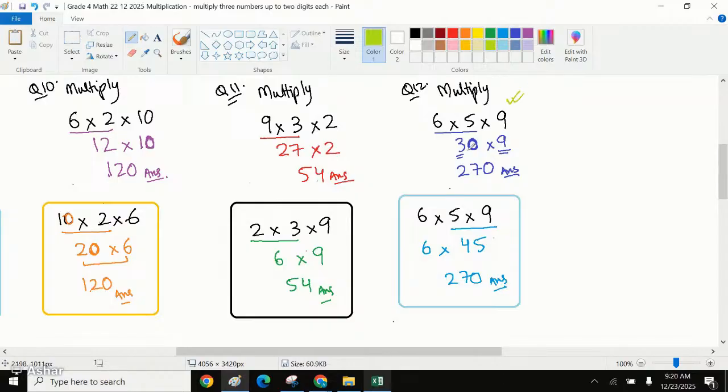Because this brings a 0, and multiplying with a number ending with 0 is much easier than multiplying two numbers. Let's suppose 30 multiplied by 9 was easier, right? 30 multiplied by 9 was easier than 6 multiplied by 45. So we would always try to find the numbers which would give us the easy way out. Okay.